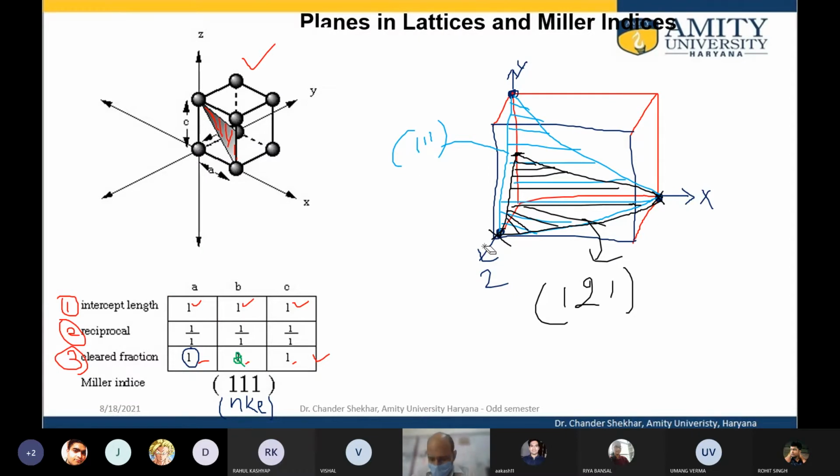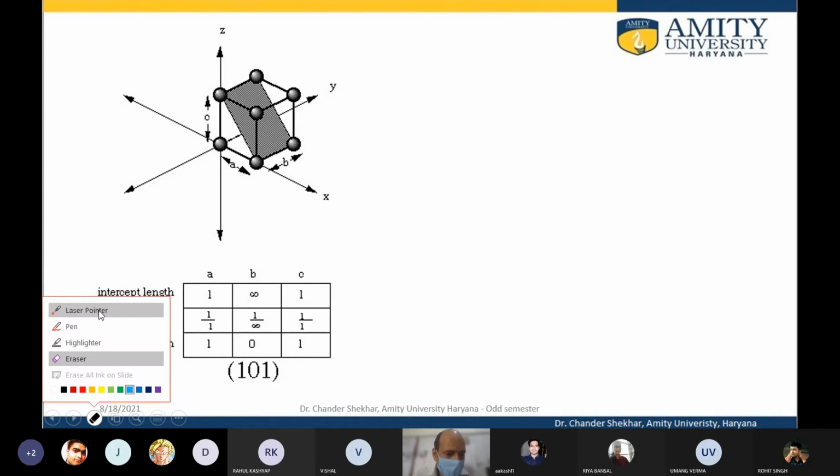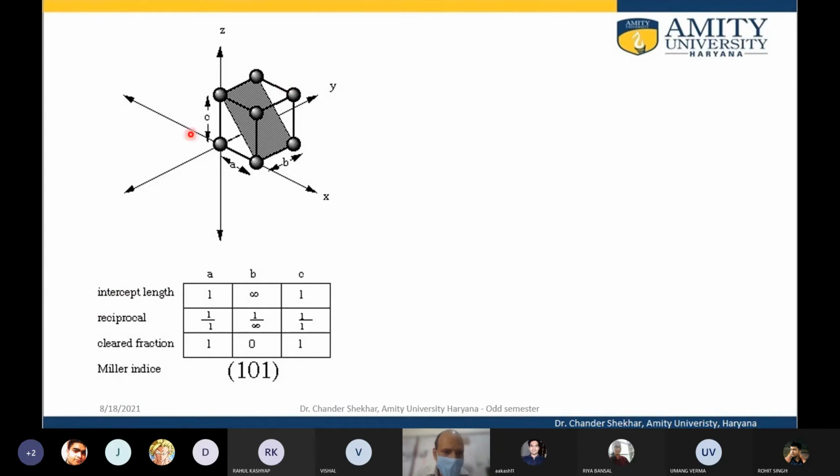Okay, so let us have this 1 0 1 plane. So this is the plane. You can see this is the x-axis, this side is the y-axis, and the vertical is the z-axis. Along the x-axis the plane intersects at a unit edge length.